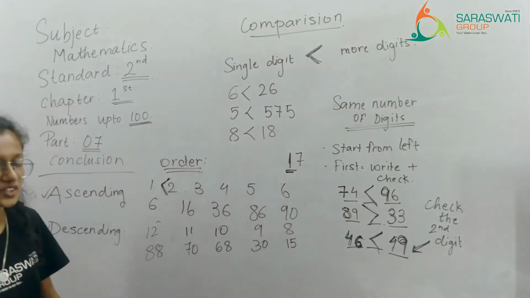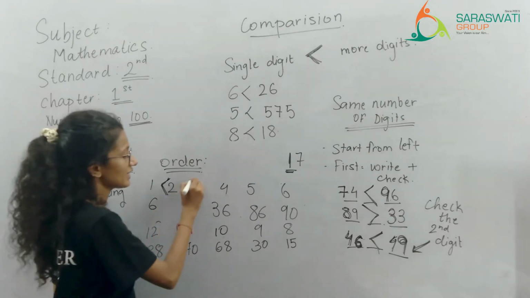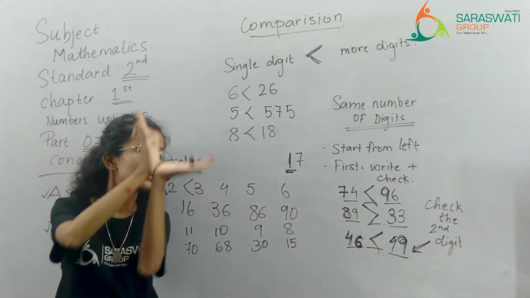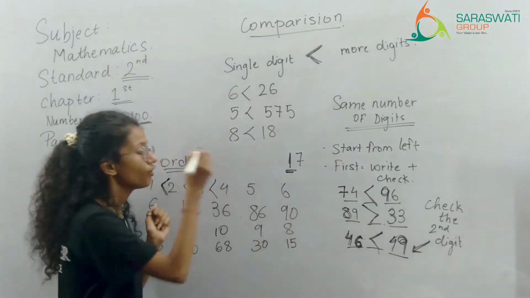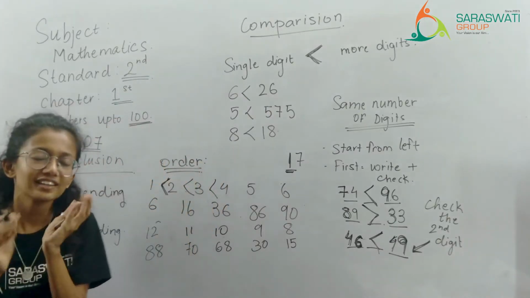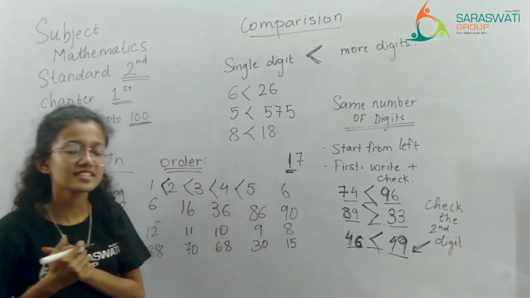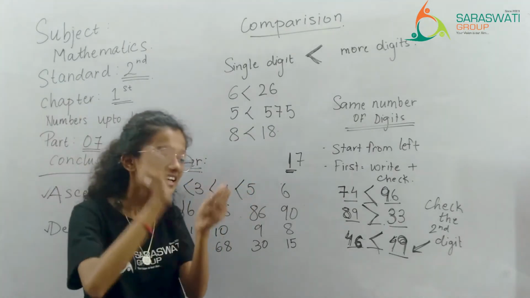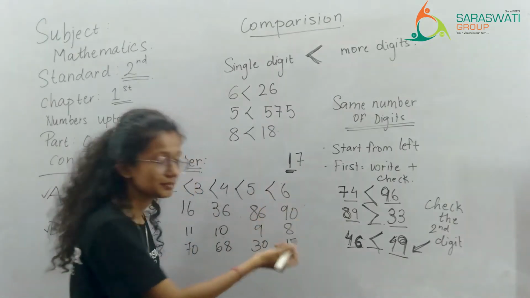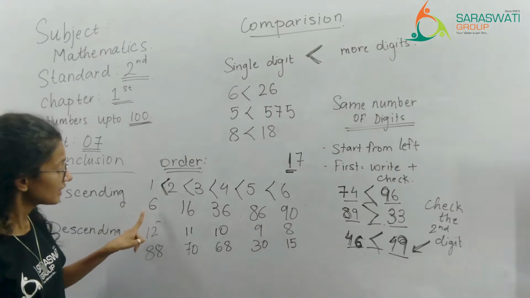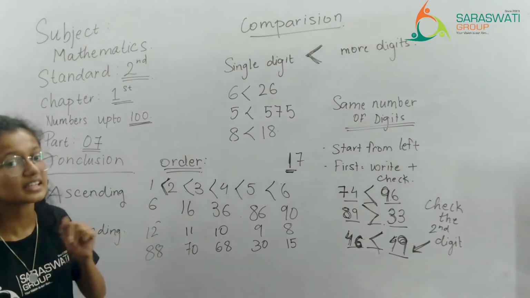2 and 3, which one is bigger? 3. 3 and 4, alligator will eat 4. 4 and 5, alligator will eat 5. 5 and 6, alligator will eat 6. Similarly, if I talk about the numbers given below, then 6 and 16.